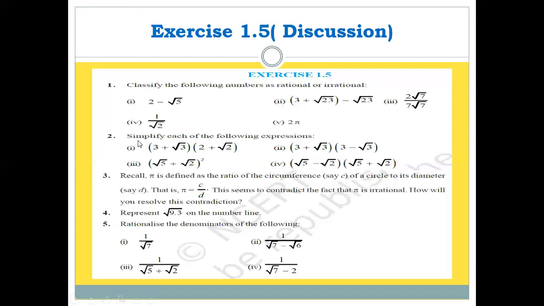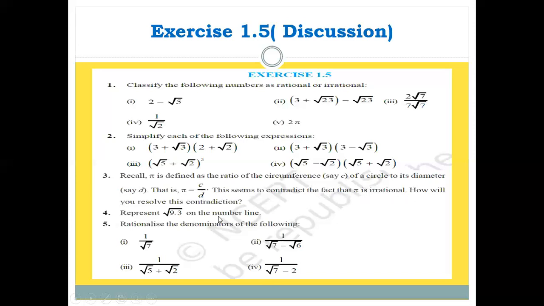Now these parts of question number 2 are supposed to be done based on the application of identities that we have discussed in previous slides. Question number 3 here: again we see that pi is defined as the ratio of the circumference of a circle to its diameter, pi is equal to c upon d. This seems to contradict the fact that pi is an irrational value.